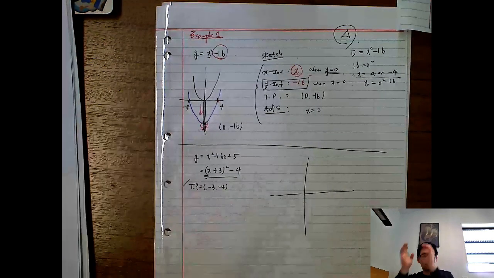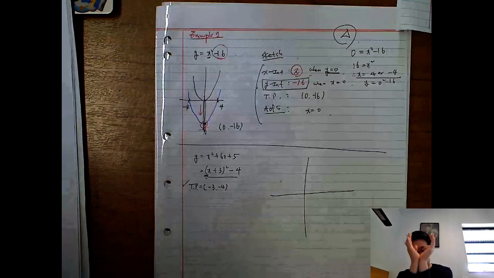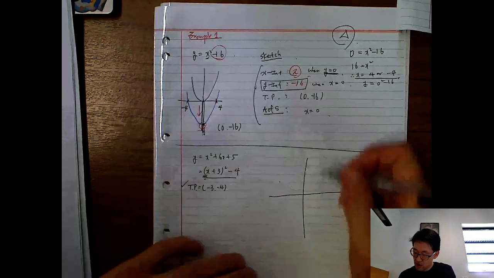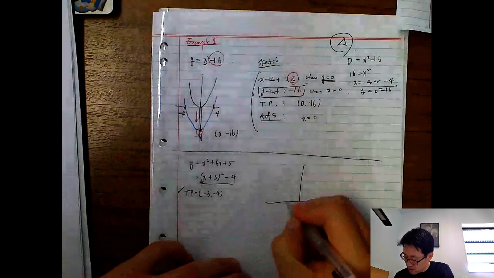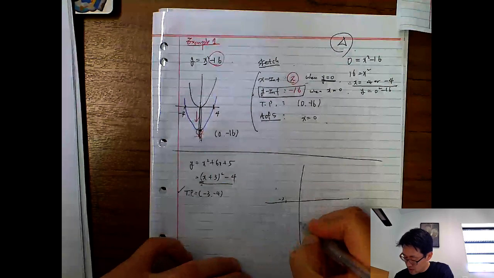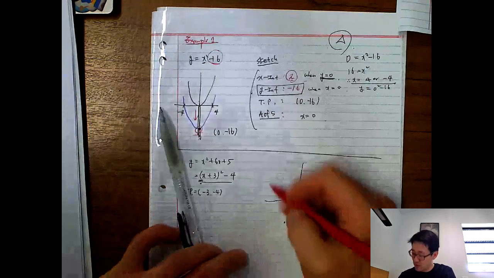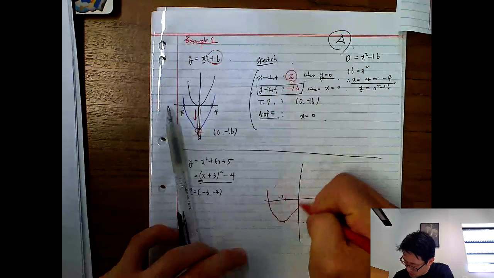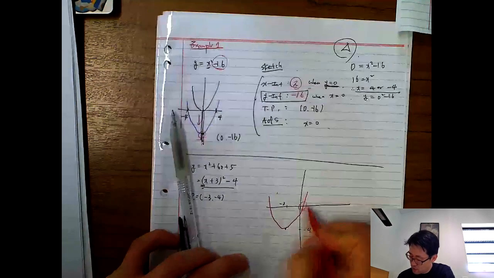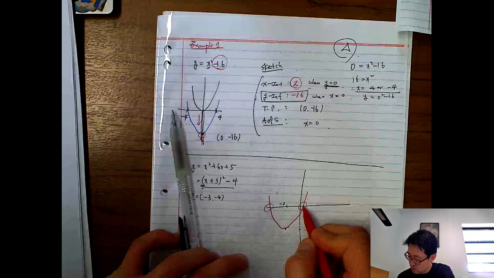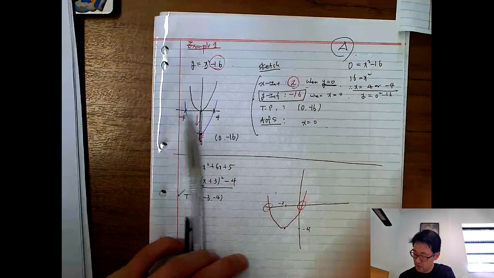Based on that, I can go. This is positive, so it looks like this, a equals 1. And then minus 3 and minus 4 here, so I can draw it this way. It's a rough drawing, so I'm not sure whether it will go to negative or positive. We'll figure it out here.